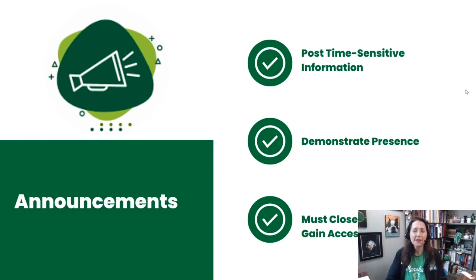It comes up and takes over their screen. Now, I can't control whether they're reading it or not, but they do have to click that message away before they're allowed to enter the course. That is a benefit to the Blackboard Ultra announcements. It's not something that I'm putting out there that they have to click on. It's present, taking over their screen, and they have to make it go away.